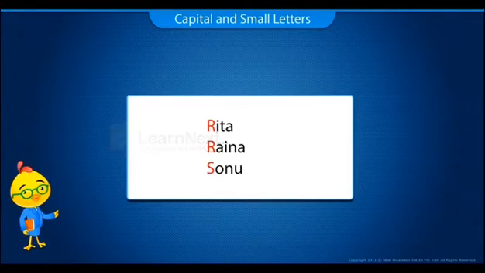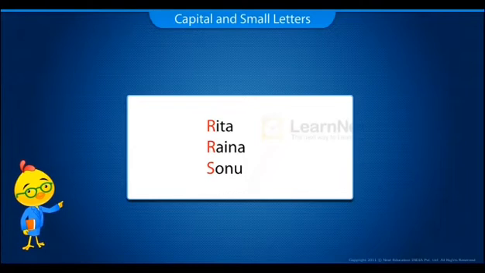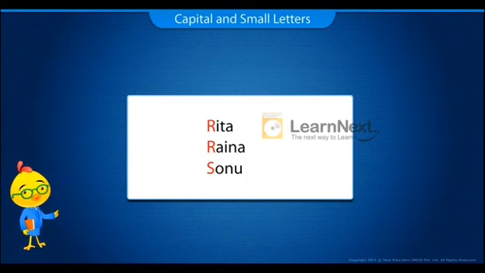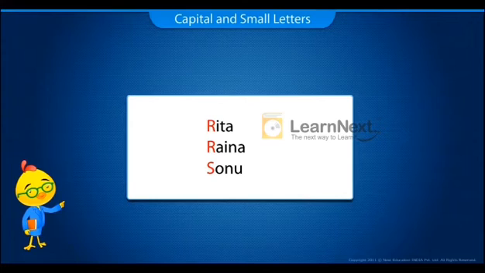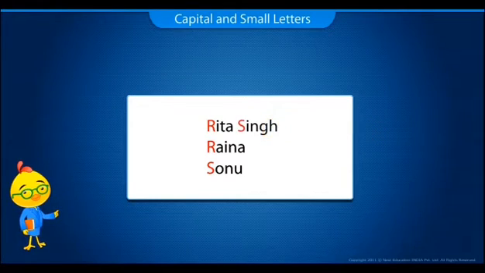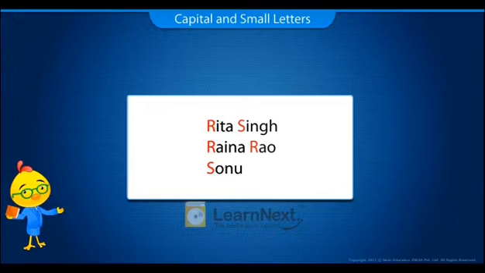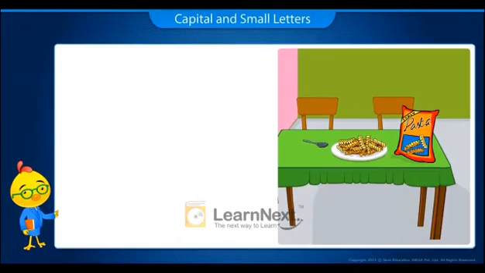See the letters R, R, and S. All three letters are capital because these are names. Rita and Raina are the names of girls and Sonu is the name of a boy. Now we'll see how we use capital letters in surnames. Rita Singh, Raina Rao, Sonu Shah. So we saw that we use capital letters in the name and also the surname.